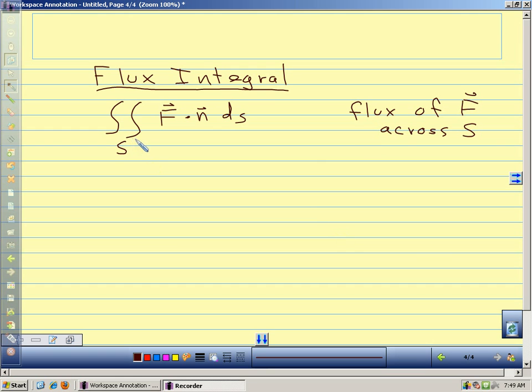So now we know what it is, we need to know how to evaluate it. So if z is given to us by g of x, y, then we said that we have G of x, y, z equals z minus small g.